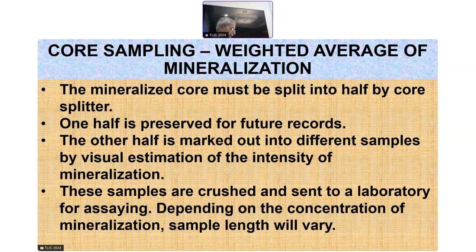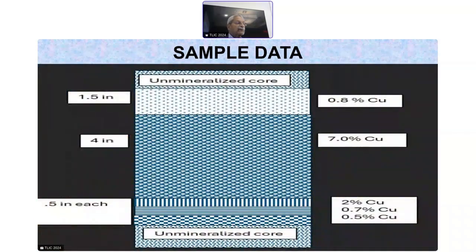So I'm going to divide it into another zone, then another little less, little less. So I do that, and this is the picture I get. This is our unmineralized core, unmineralized rock.